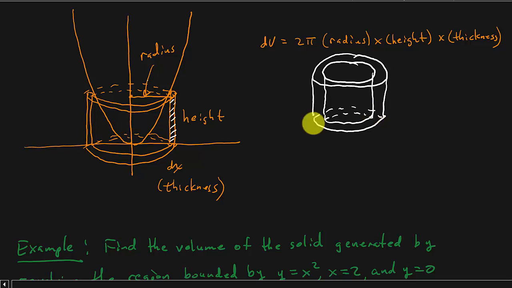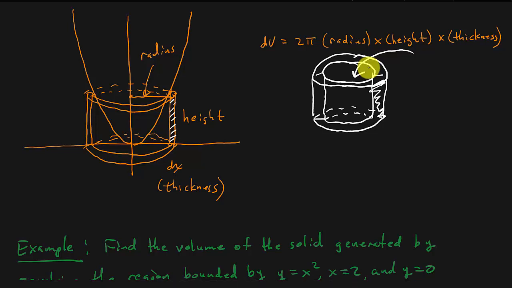So that's this cylinder right here. This is your thickness right here. Now, when I'm talking about finding the volume of the cylinder, I'm not talking about finding this volume in here. In other words, if you had a cylinder and you filled it full of liquid, I'm not talking about that volume.